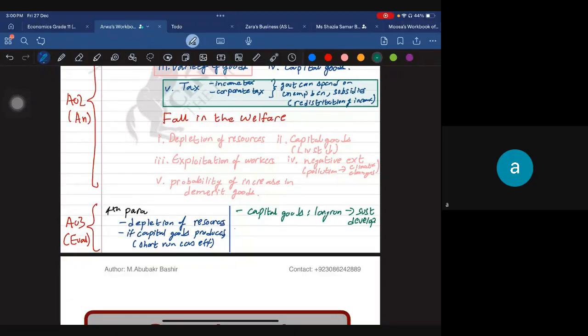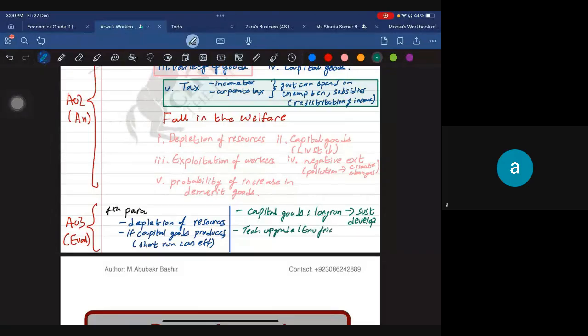Then, if you also talked about the negative externalities, you want to still say that this is not too big of a problem. So you could also say that when the country is producing more and improving more, the technology will upgrade and it will be more environment friendly.